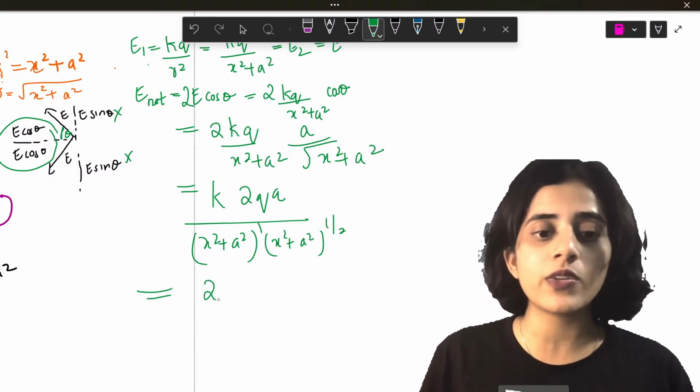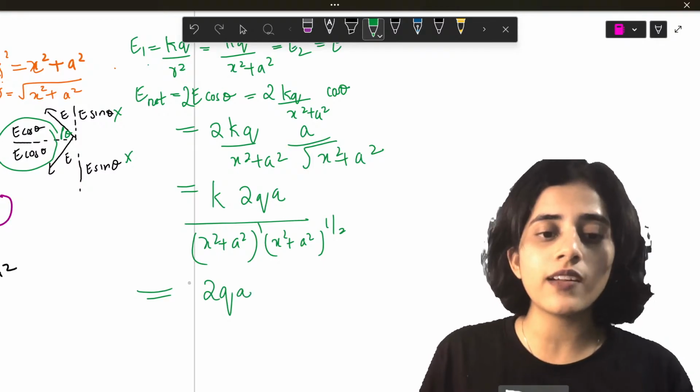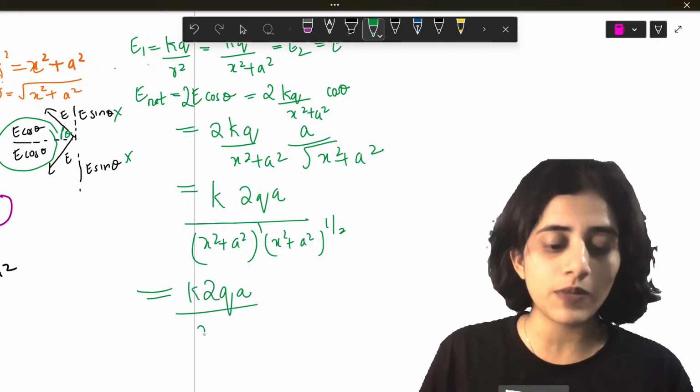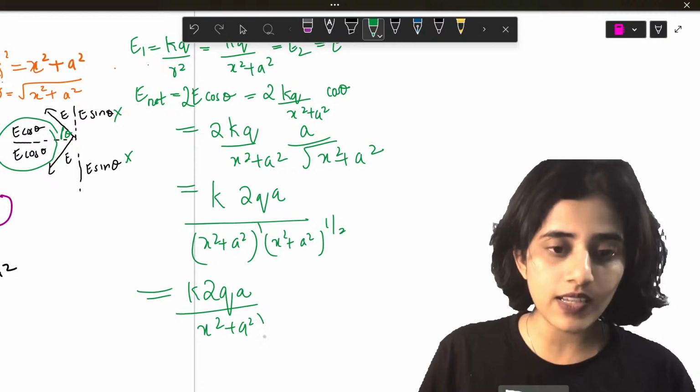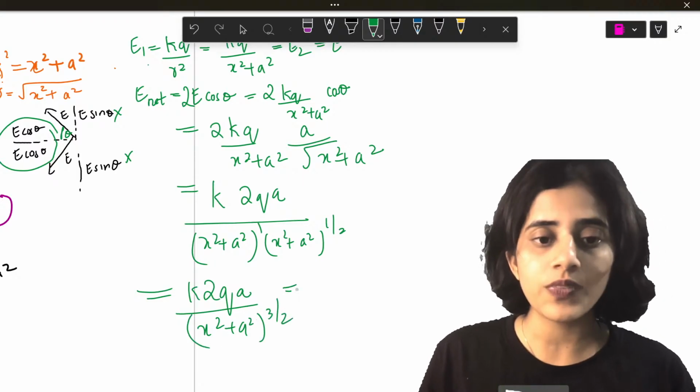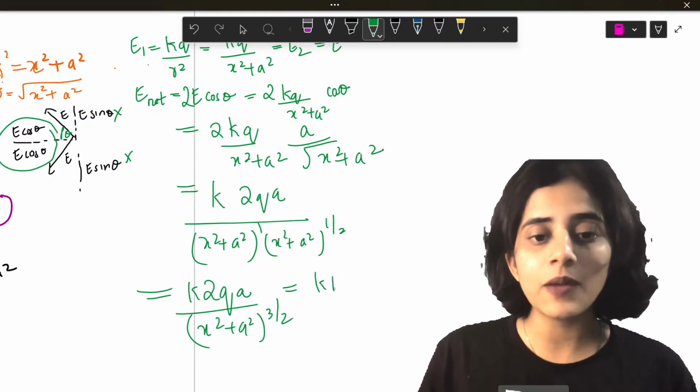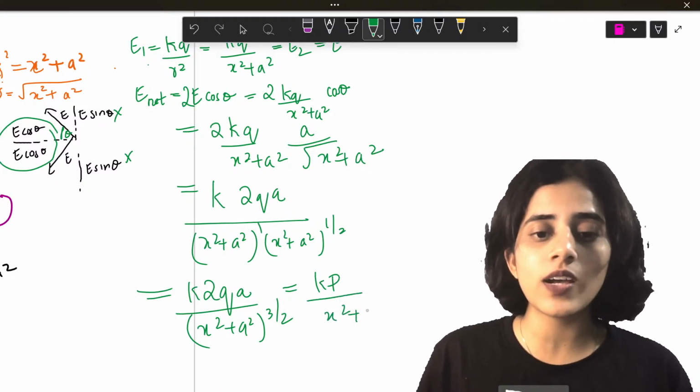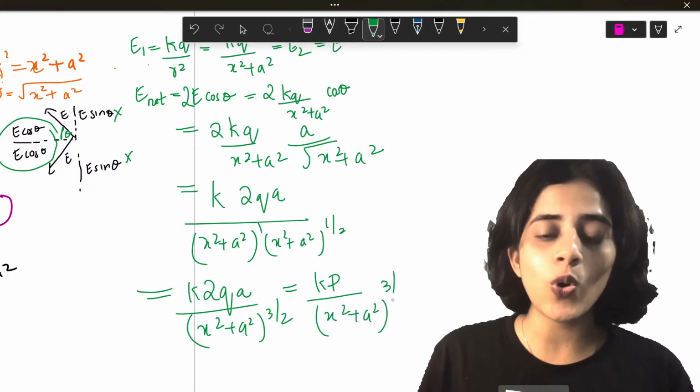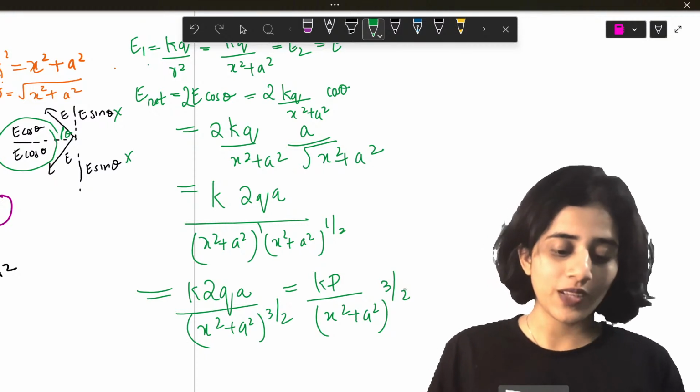So this is equal to 2QA times K, the whole divided by x square plus A square, the whole raised to 3 by 2, which is Kp divided by x square plus A square, the whole raised to 3 by 2.